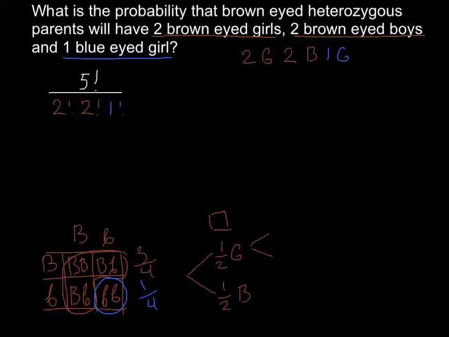And then for the girl, as you see from this table here, the chances would be 3/4 to inherit brown color of the eyes, and 1/4 chance to inherit blue color of the eyes.